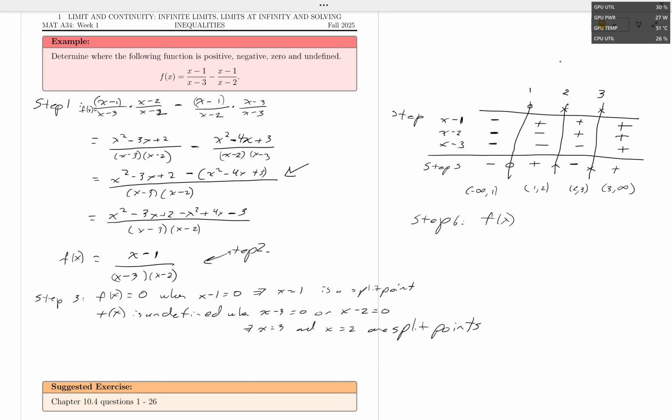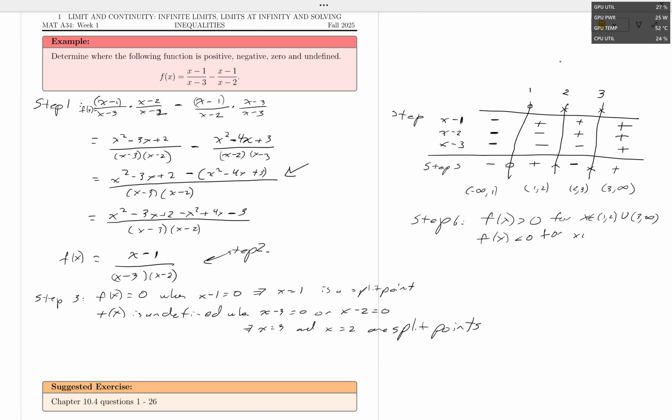Now for step 6, f of x is greater than 0. Where am I positive? For x in the interval 1 to 2, union with 3 to infinity. F of x is less than 0. Where am I negative? Here and here.